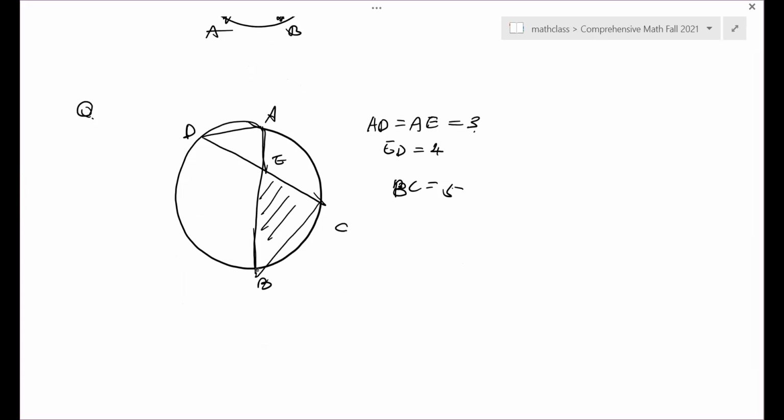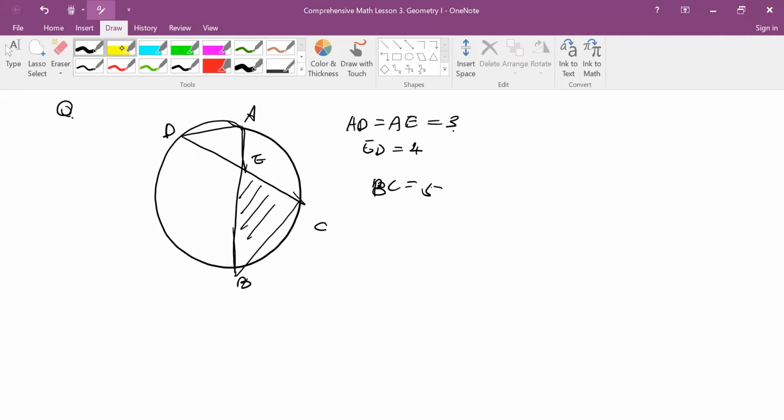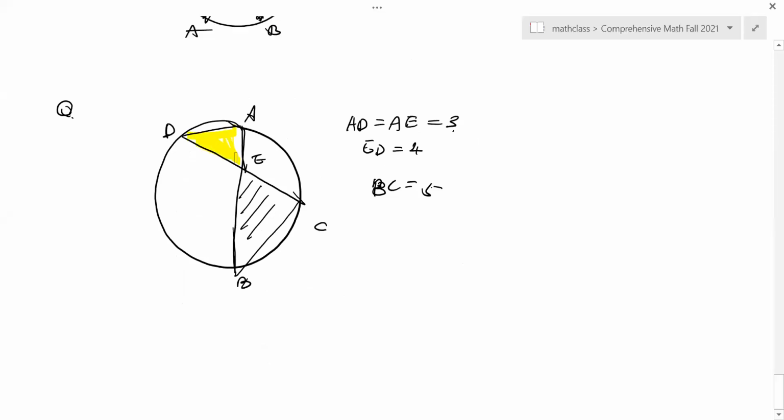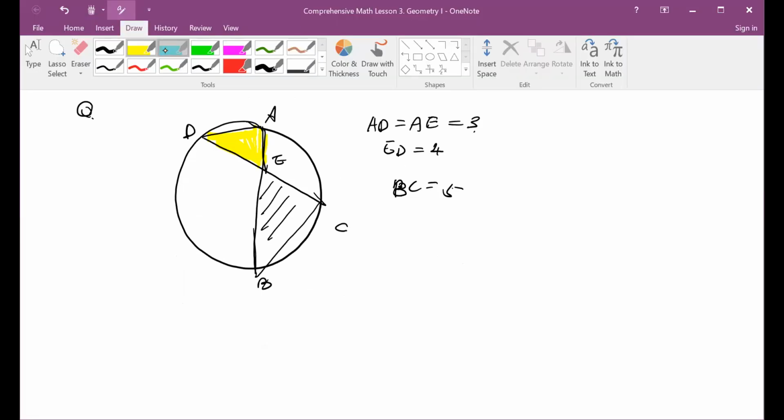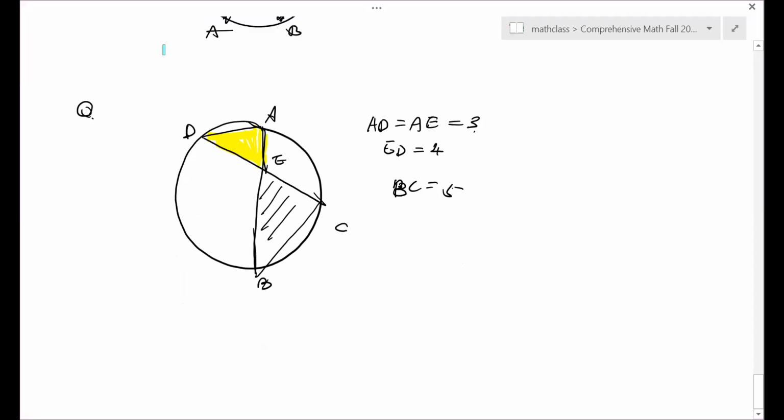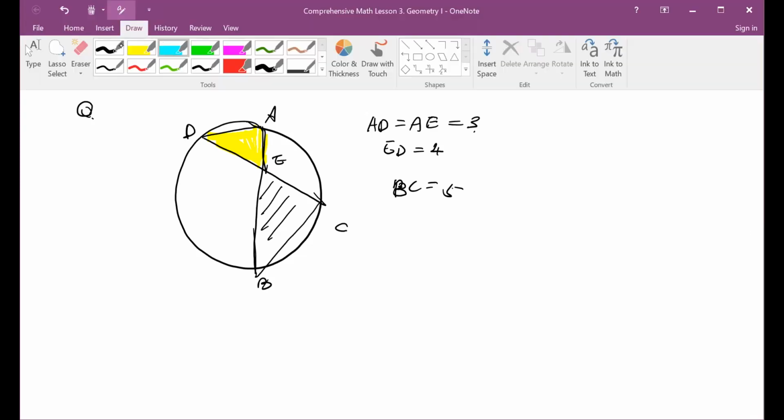Well, first of all, you look at this triangle. Can we find the area of this triangle? The answer is yes. Then these two triangles are similar, so by similarity, you can get the area of the larger triangle. So how do you find the area of this triangle in the yellow color?